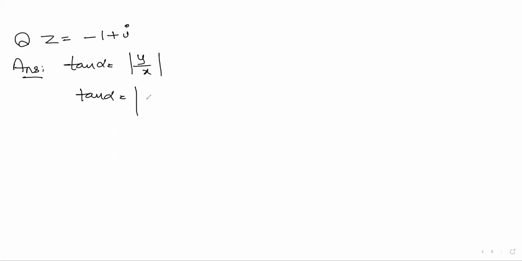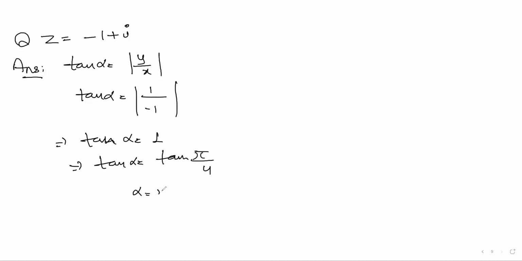Safan, please tell me what's the value of y? 1. Okay, what's the value of x? Minus 1. Very good. So tan of alpha is equal to 1. Okay, so this is a modulus. It will convert this into a positive value. So tan of alpha is equal to tan pi by 4. So we will get alpha is equal to pi by 4.